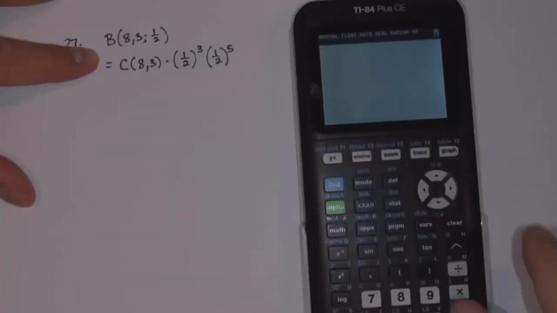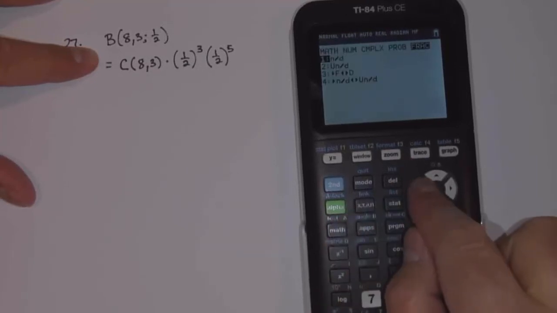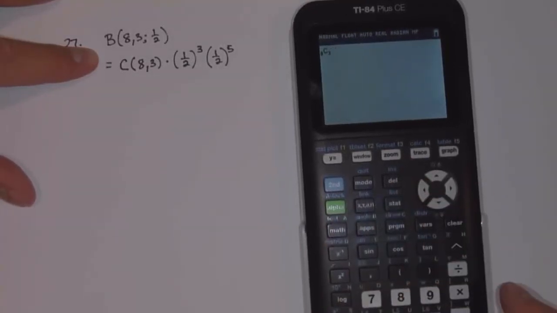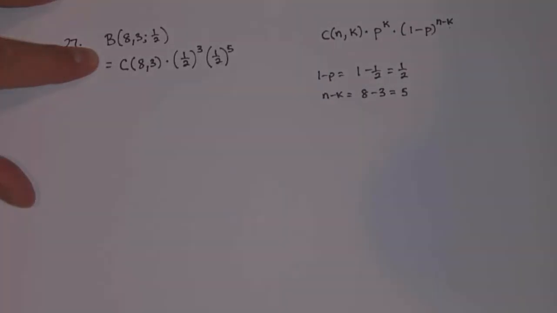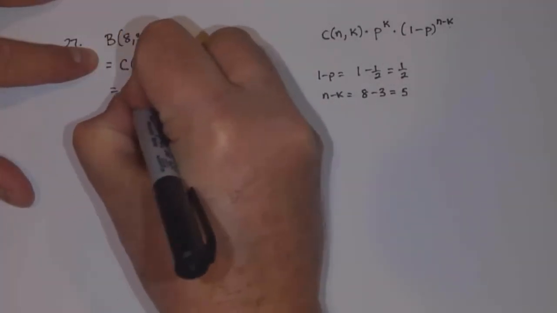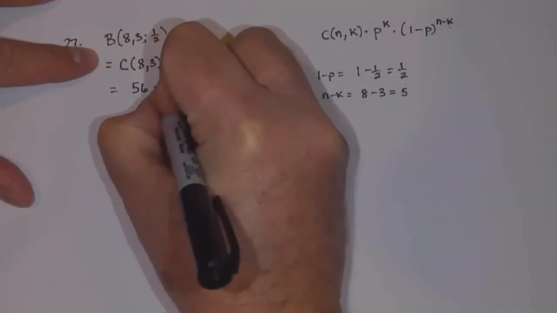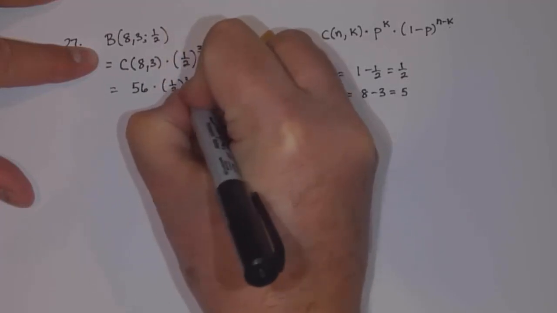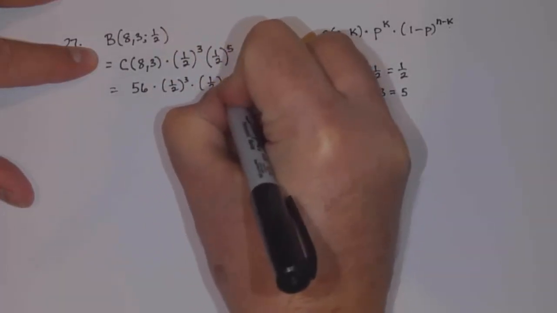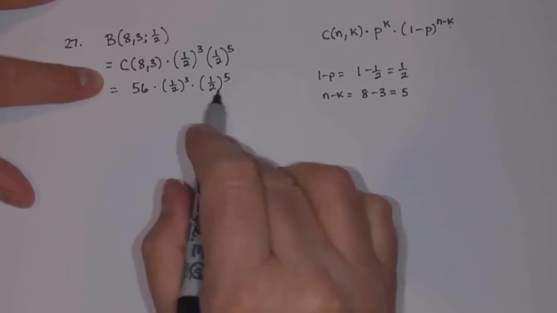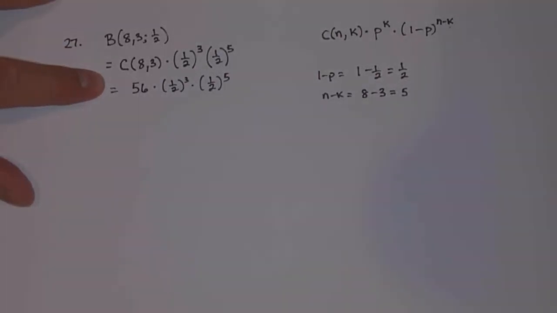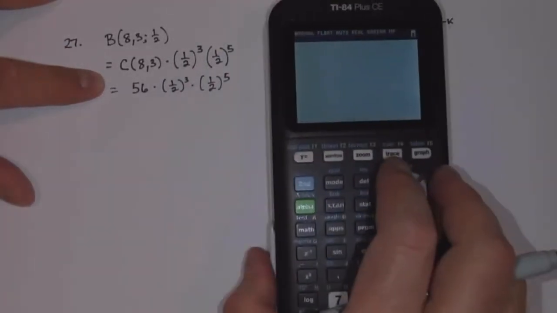Now, if I do the combination of 8 choose 3, that is 56. So what I really have here is 56 times 1/2 to the third power times 1/2 to the 5th power. And incidentally, we could combine that to be 1/2 to the 8th power, but I'm not going to.